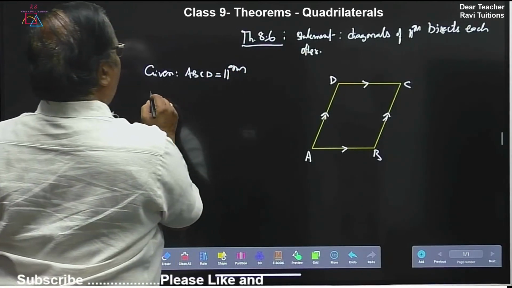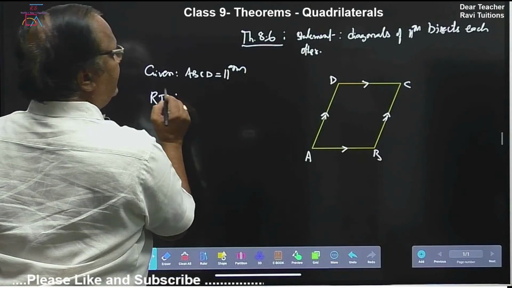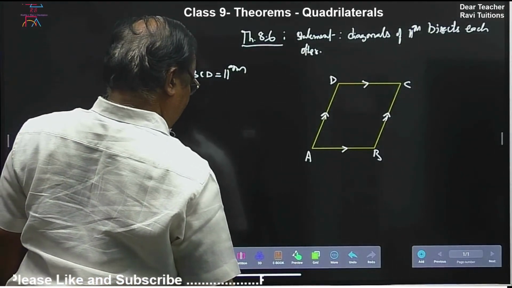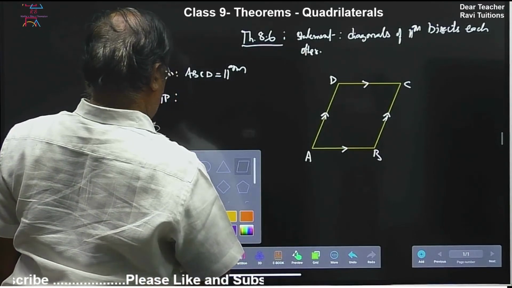What we have to prove: the diagonals bisect each other. So now let us draw the diagonals.